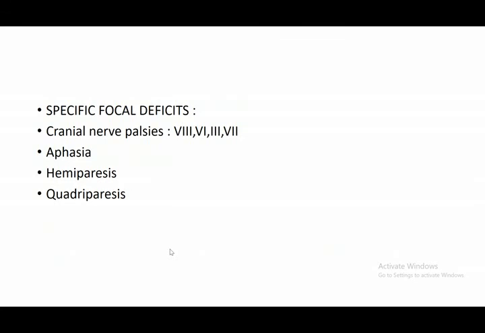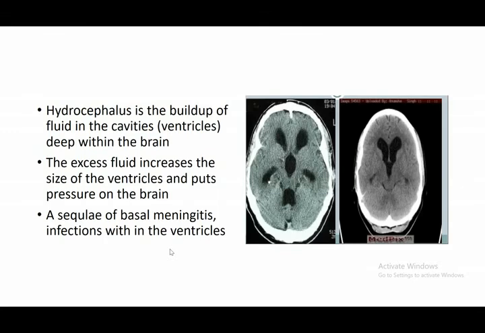Patients may have brain abscesses and specific focal neurological deficits with cranial nerve palsies, for example of the 8th cranial nerve, 6th, 3rd and 7th, and 2nd cranial nerve. Patients may have speech problems, aphasia, and other focal neurological deficits like hemiparesis and quadriparesis.